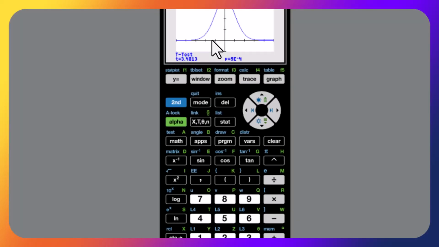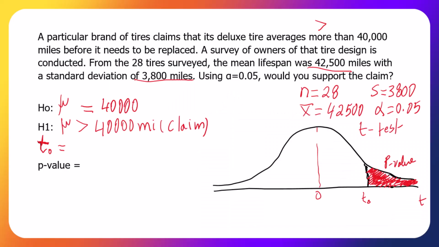What was it again? 3.481. And the p-value, guys, 0.0009. Let's explain it again. 9E minus 4. You don't put this as an answer. There is a decimal point right here. It means you have to move the decimal point 4 digits to the left.